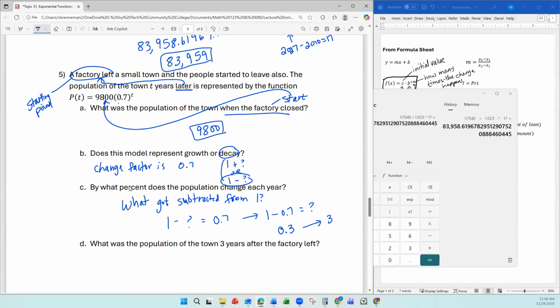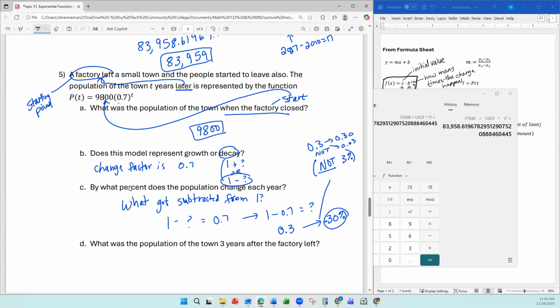And that is 30%, not 3%. 0.3 is 0.30, not 0.03. So 30%, and because it just said change, we'll put a minus on there. So it is decreasing by 30% each year.